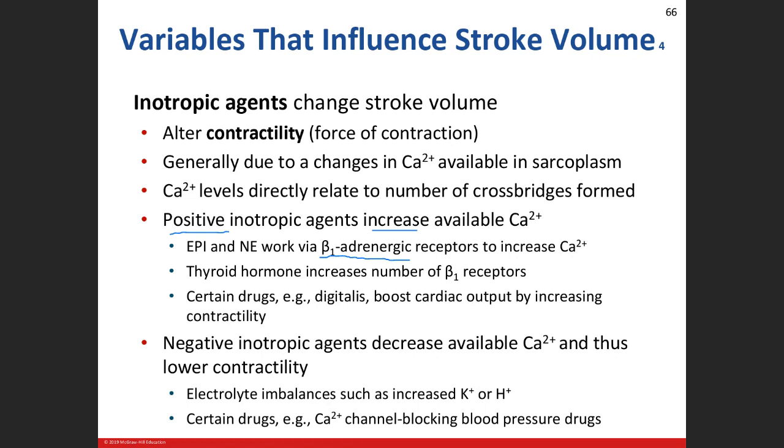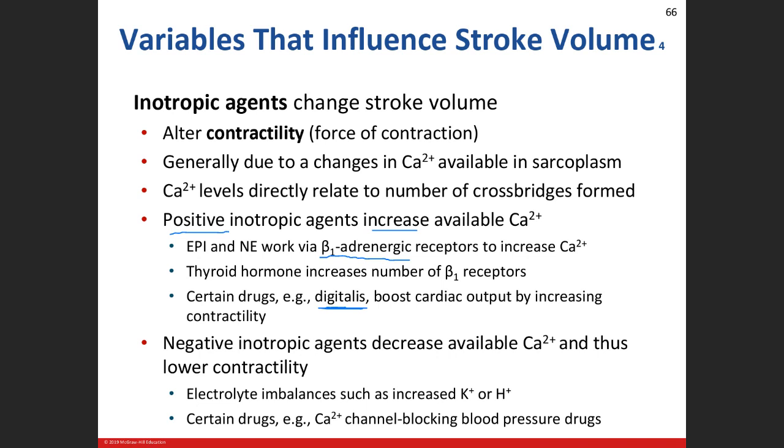Think of the sarcoplasmic reticulum as our reservoir, our storage site for calcium. Very popular drug, digitalis. It affects calcium inflow into the cardiac cells.